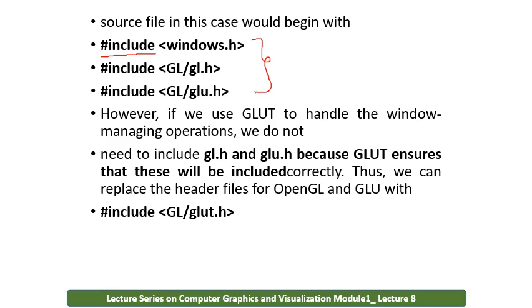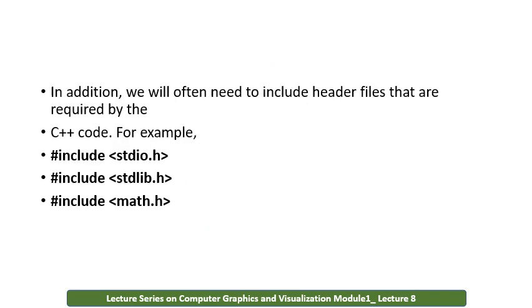However, the use of GLUT is going to handle the window managing operation. So we do not need to include gl.h and glu.h, because GLUT ensures that they will be included correctly. Thus, we can replace the header files for OpenGL and GLU with the header file gl/glut.h.